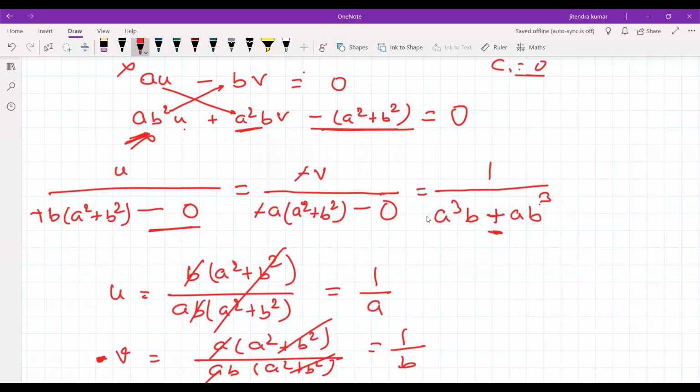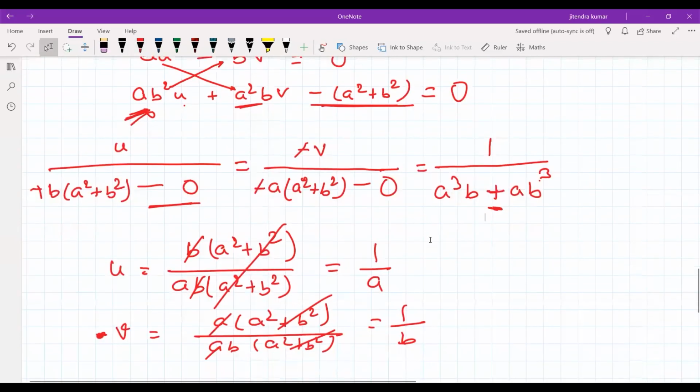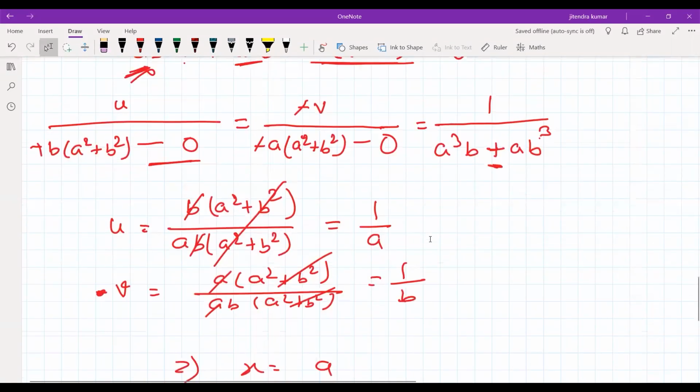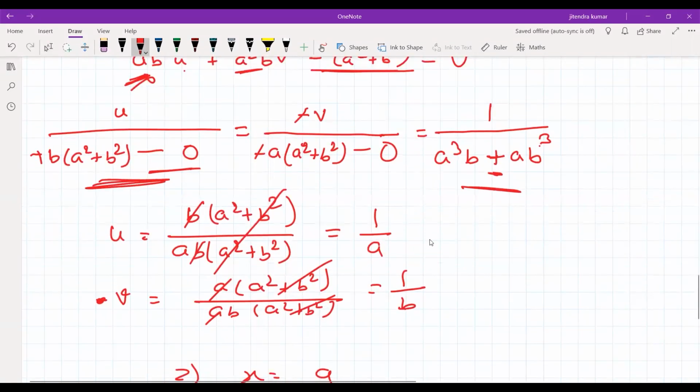Okay, so now we are just comparing the u part with this one. So u will become equal to b into a square plus b square upon ab taken common from these two. So we'll have a square plus b square that gets cancelled. That will give us 1 by a. And similarly, in case of v, we will get 1 by b.